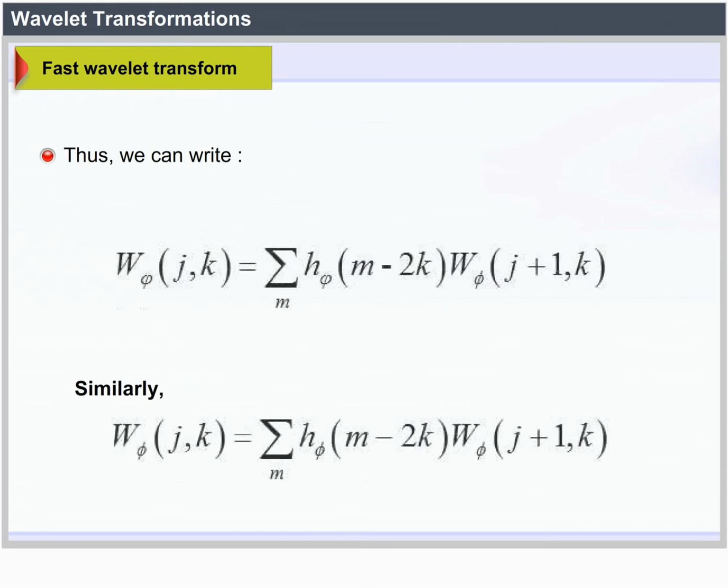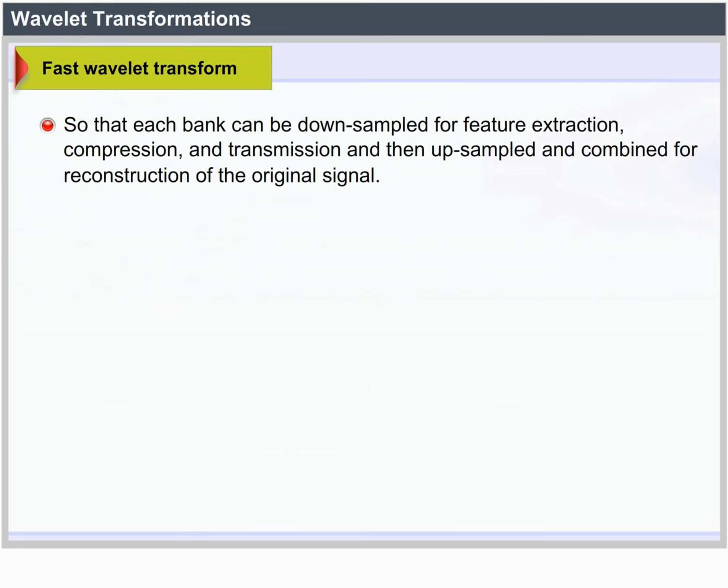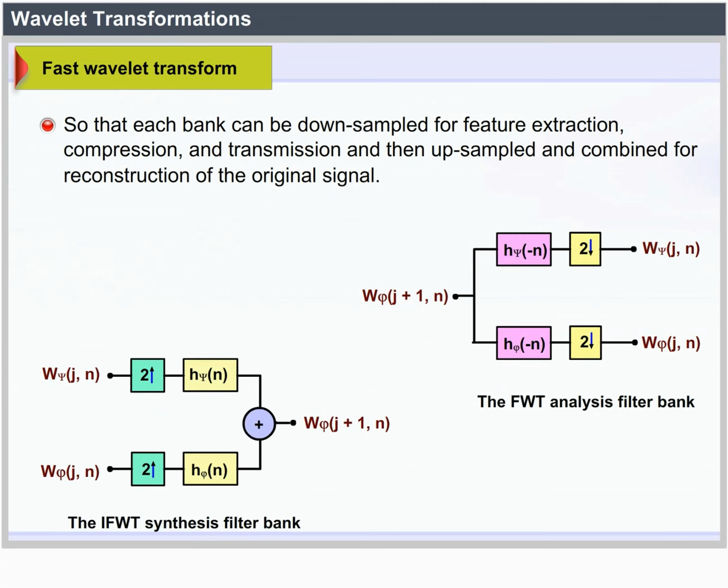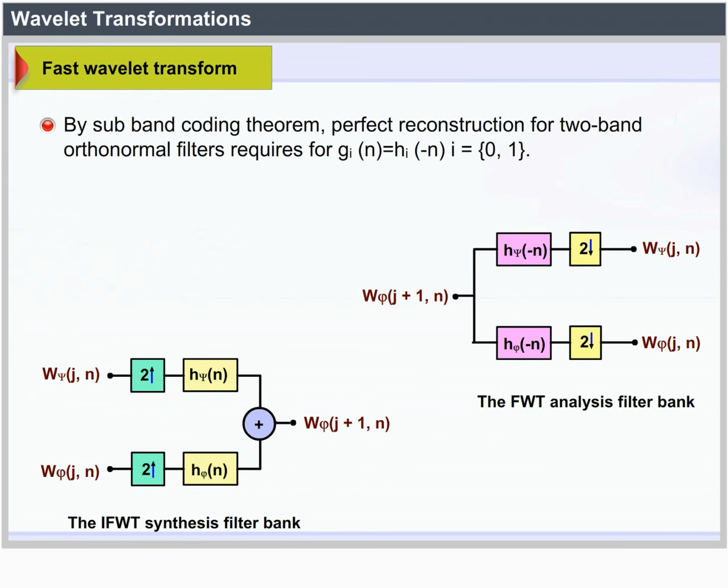Similarly, each bank can be downsampled for feature extraction, compression, and transmission, and then upsampled and combined for reconstruction of the original signal. The figure represents the FWT analysis filter bank. This figure represents the IFWT synthesis filter bank. By the subband coding theorem, perfect reconstruction for two-band orthonormal filters requires g_i(n) equals h_i(-n), where i equals 0, 1.